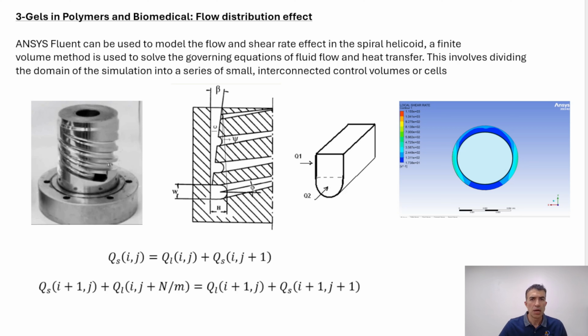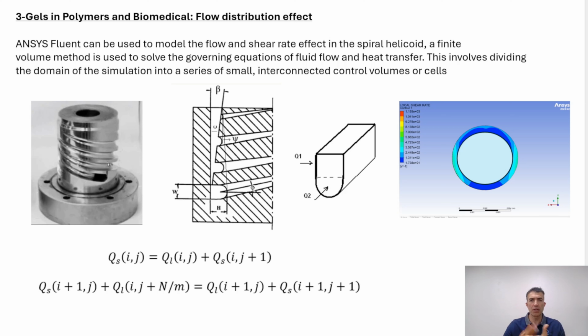You can use Polyflow, a module within the ANSYS package, to model the flow coming out of the die. It would tell you if you have an area where the flow is lower than at other points. That would tell you that this design you have for the helicoid is not a good design. It would not uniformly give you a flow rate, velocity, and shear rate.